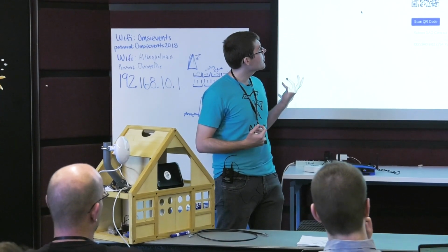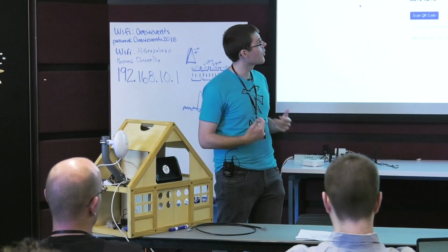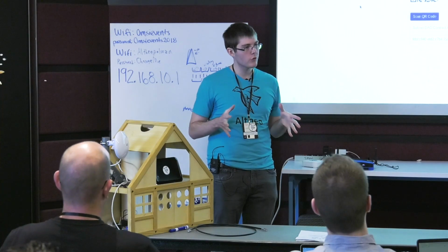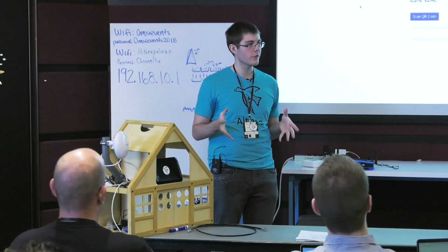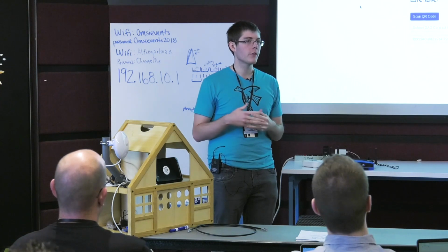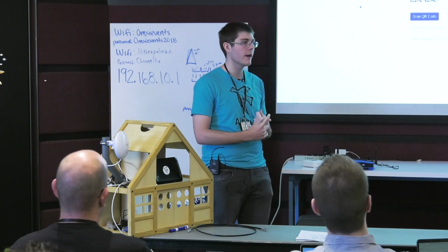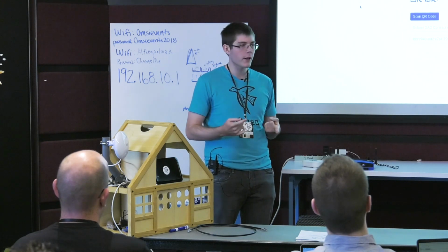And this is the interface for hooking up a new router to a subnet DAO, which is an interesting challenge because DAOs specifically have an IP range. Everybody's on them. They're a little bit insulated to prevent hostile actors. This helps solve the Sybil attack problem: somebody has to get an IP address and pay a small fee for it, like $1.